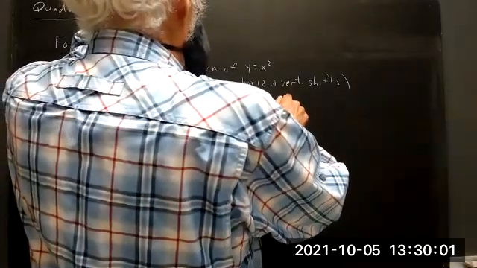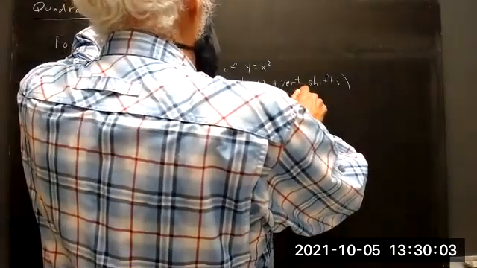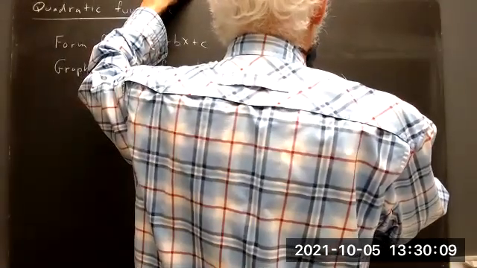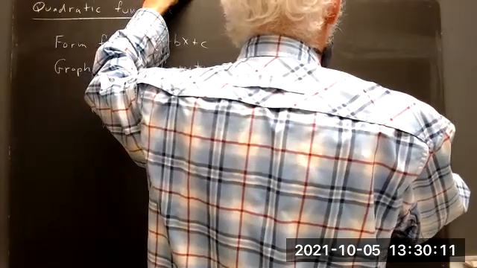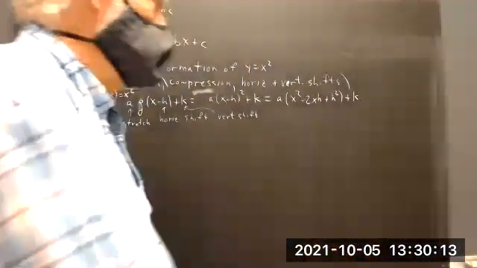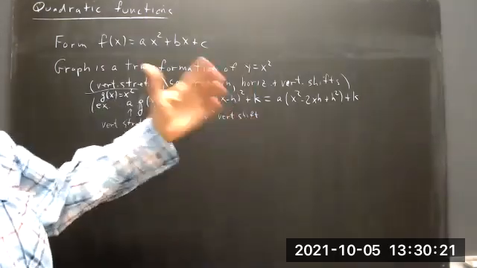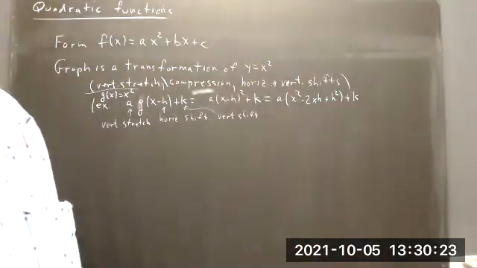Now this is a times (x squared minus 2xh plus h squared) plus k. Now, (x minus h) squared is (x minus h) times (x minus h).